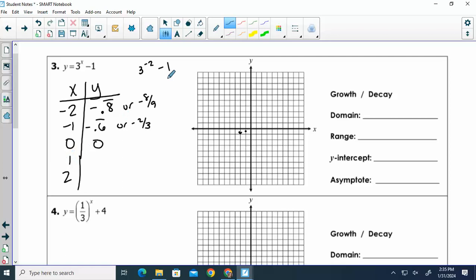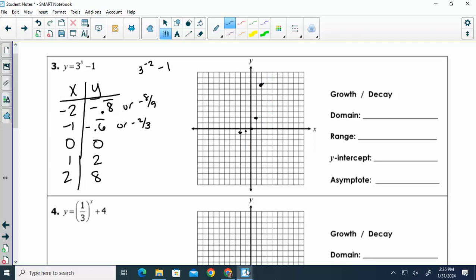If I put in a 1, 3 to the first is 3, minus 1 is 2. If I put in a 2, 3 to the second is 9, minus 1 is 8.